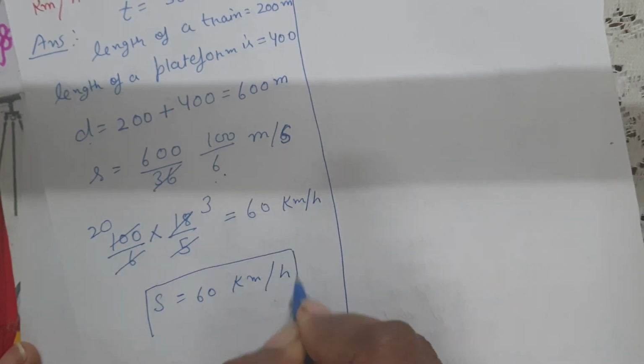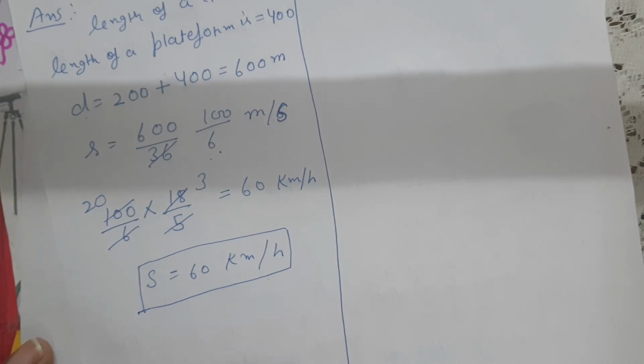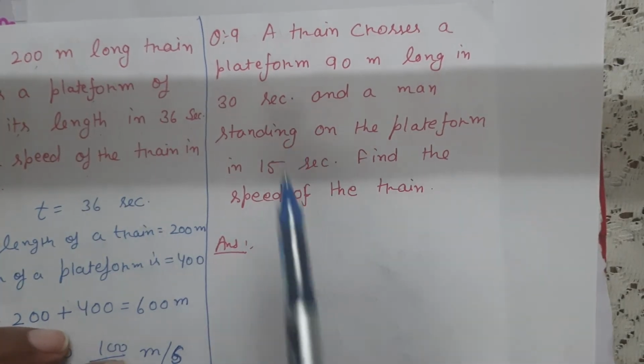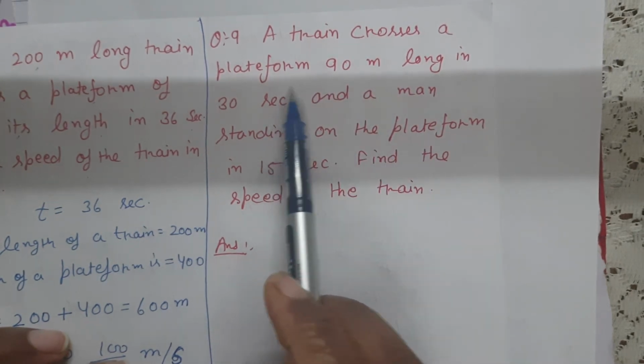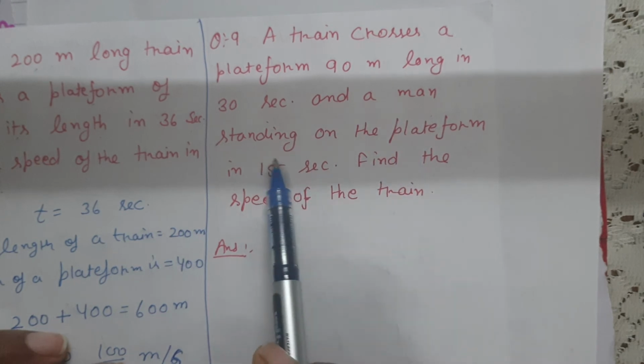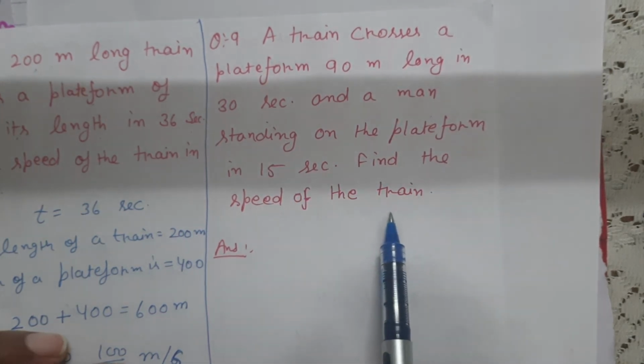This is the answer. And now the last question, question number 9. A train crosses a platform 90 meters long in 30 seconds, and a man standing on the platform in 15 seconds. Find the speed of the train.